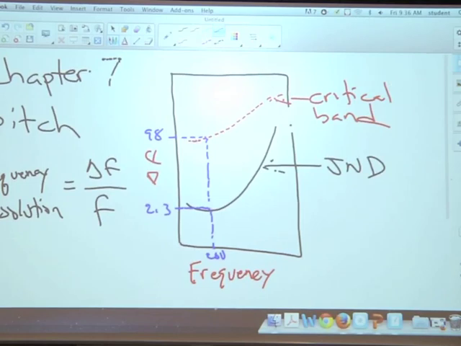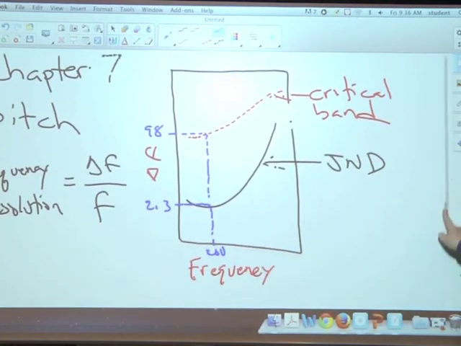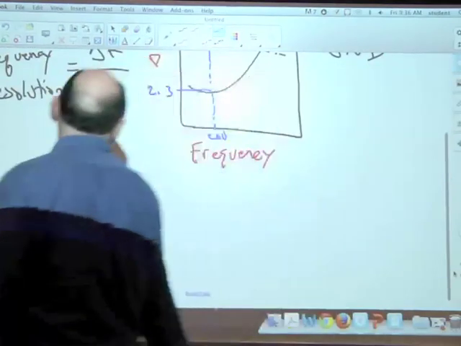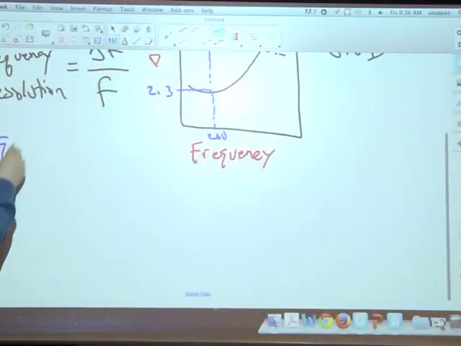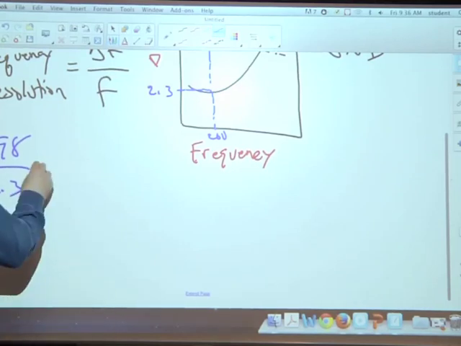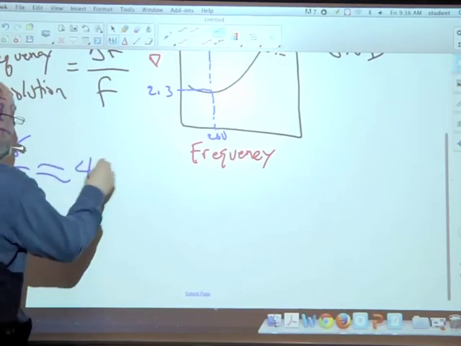So what is the ratio of our 98 to 2.3? 42.6. So roughly 42.6.